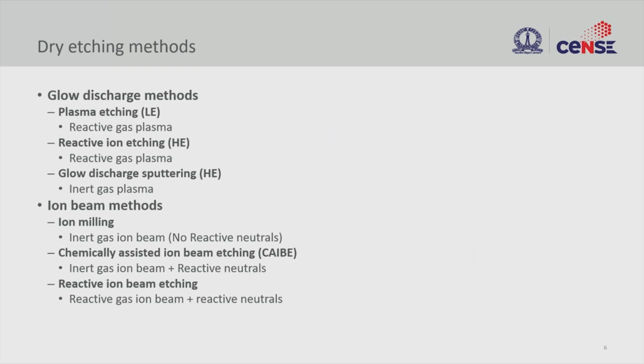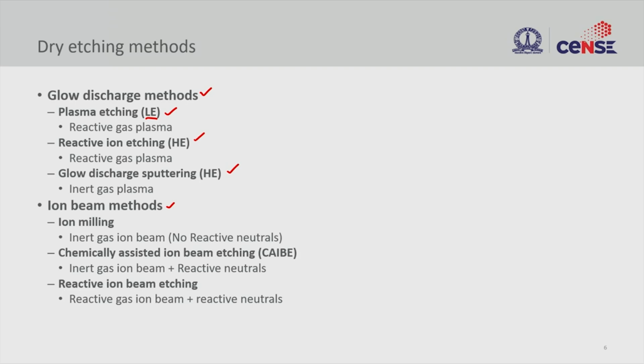And these are all the methods that we use. Dry etch can be done using various methods, broadly classified under glow discharge methods and ion beam methods. In glow discharge, you can use plasma etching, which is low energy, LE meaning low energy, and it can be reactive ion etching, and then it can be glow discharge sputtering, which is also high energy.